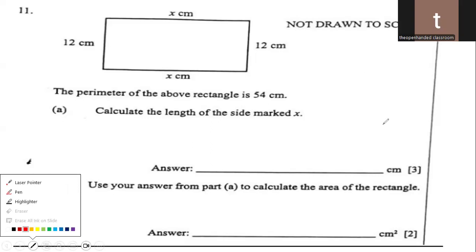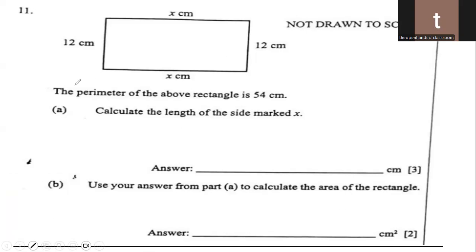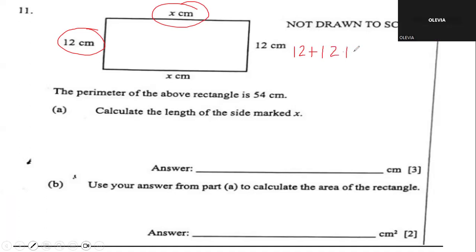Obviously, we are in math class, so we're gonna take the algebra route because they did say that the perimeter is 54. So if they said the perimeter is 54, that means that if we add 12 plus 12, let's just keep them together, it's just easier, plus x.